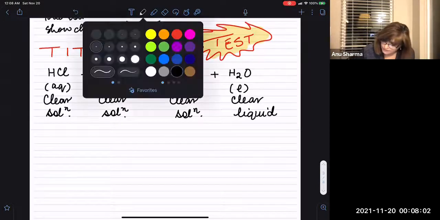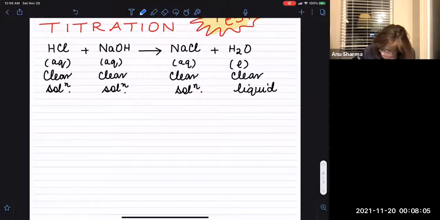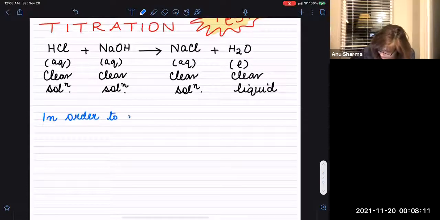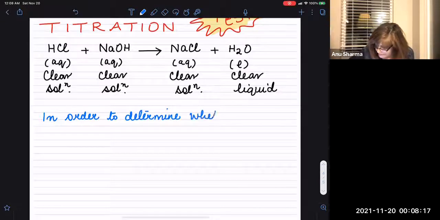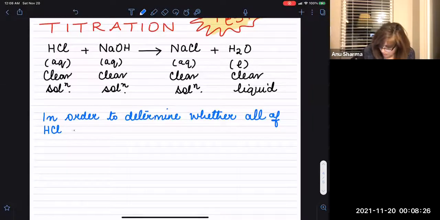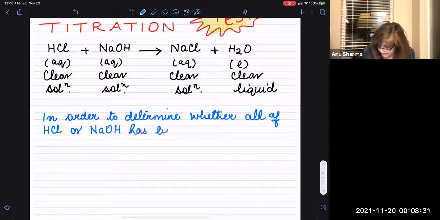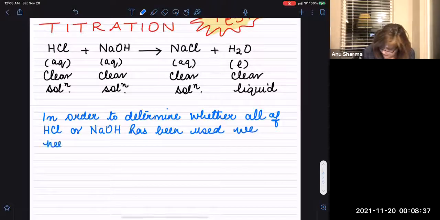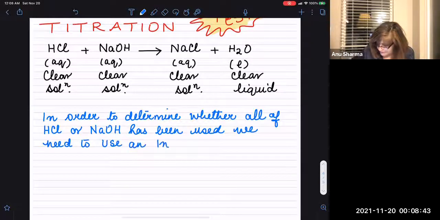Okay, so in order to determine whether all of HCl or NaOH has been used, we need to use an indicator.